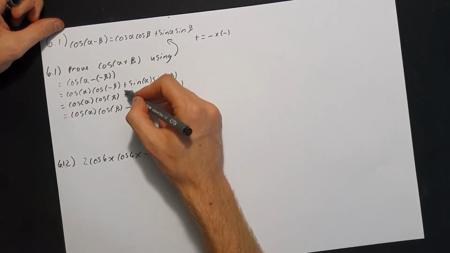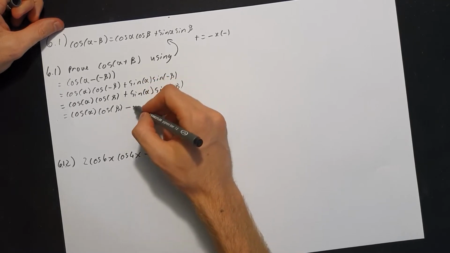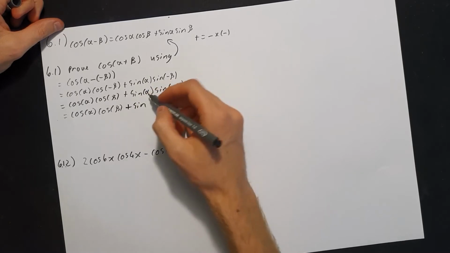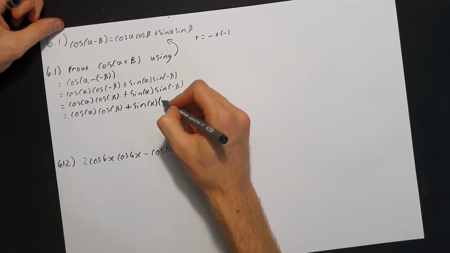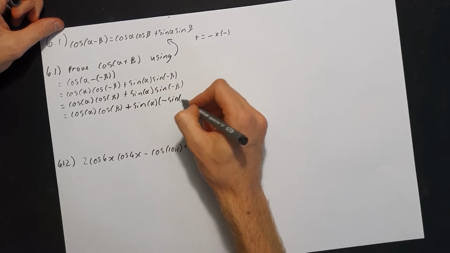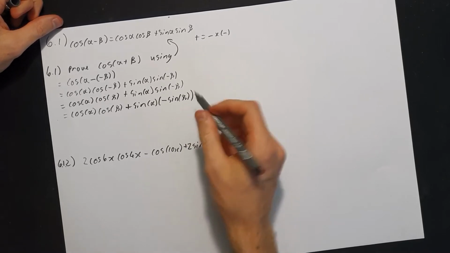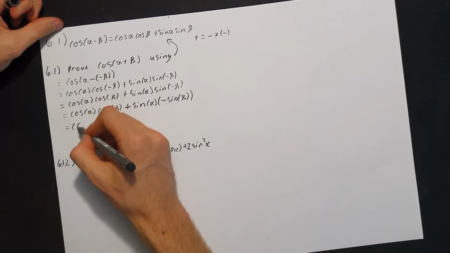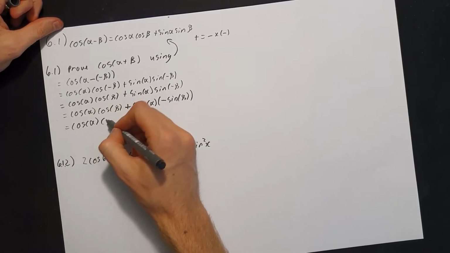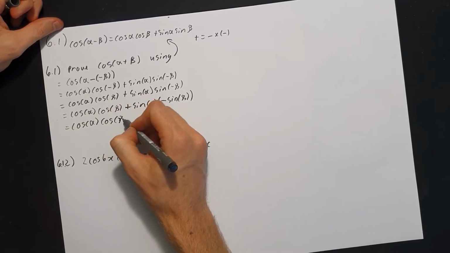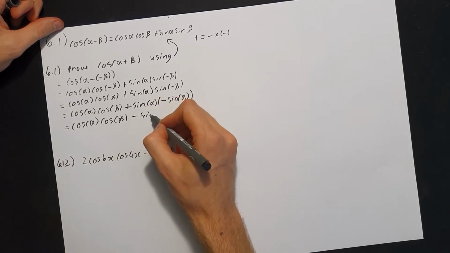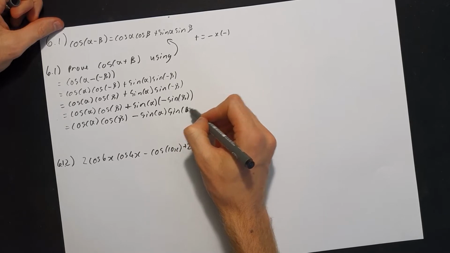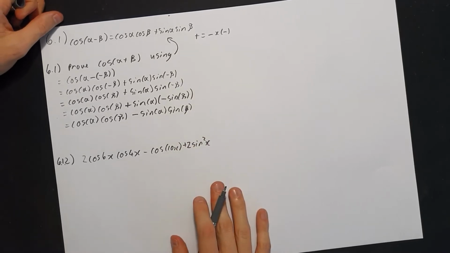Let me do it this way so I can show you. Sine alpha multiplied by minus sine of beta. Okay, we'll show more steps if you need to. Therefore this negative and that positive becomes negative, so cos of alpha cos of beta minus sine of alpha sine of beta, and therefore you've shown the identity.